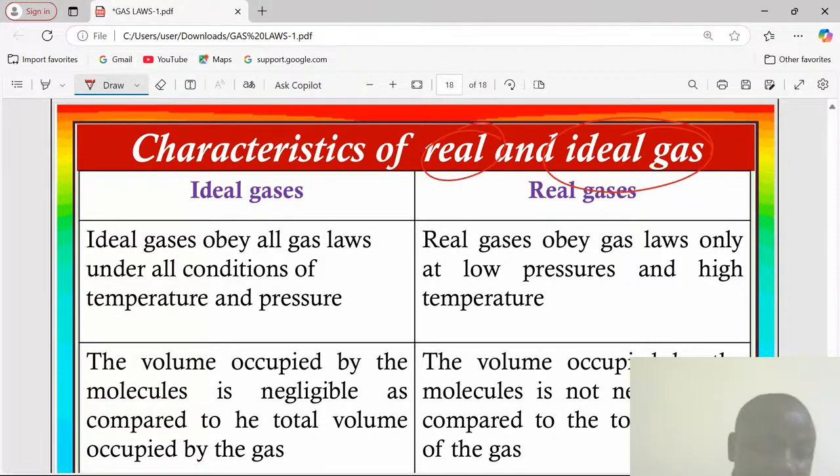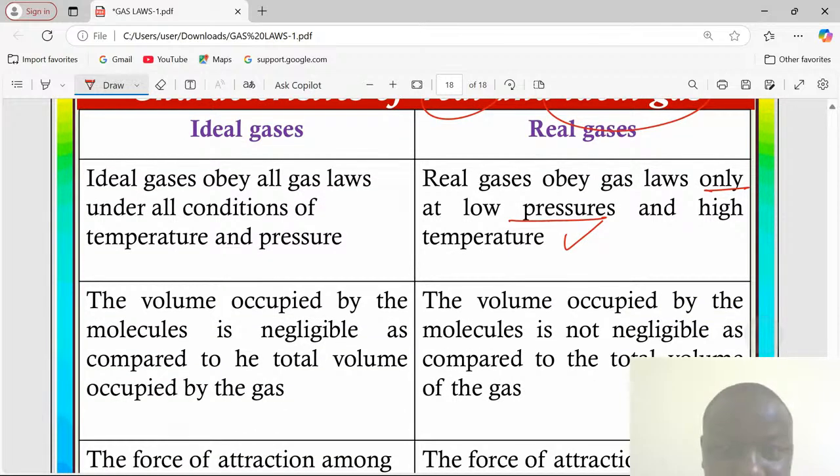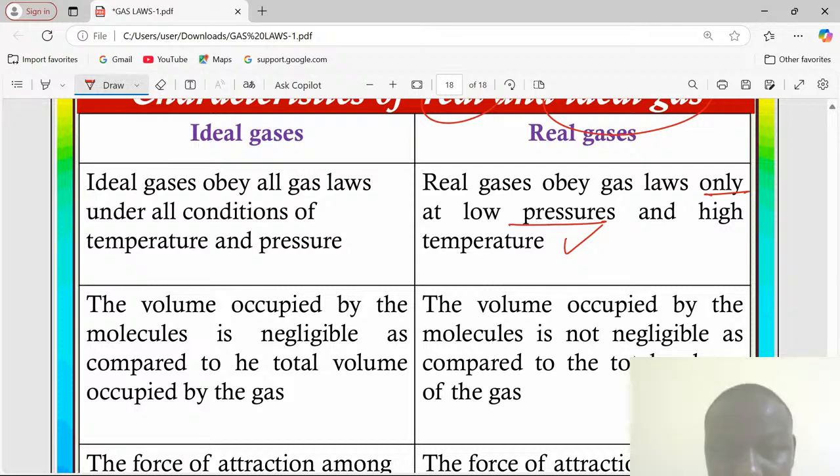Ideal gases obey all gas laws under all conditions of temperature and pressure. A real gas obeys only at low pressures and high temperatures. For ideal gases, the volume occupied by the molecules is negligible compared to the total volume of the gas occupied.